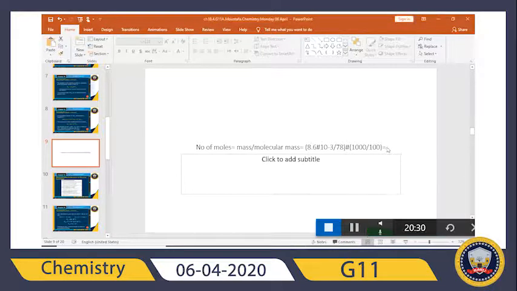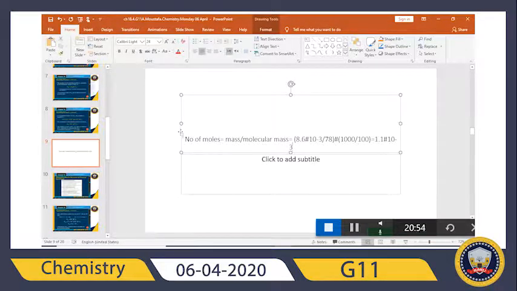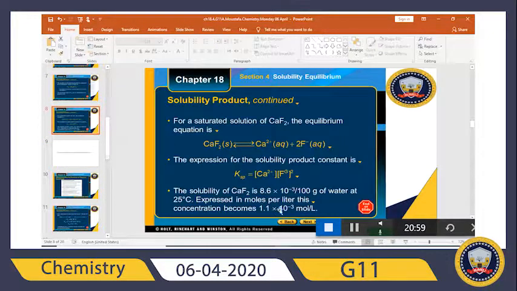Now it will equal 1.1 times 10 to the power of minus 3. Is it right? Yes, it is right.